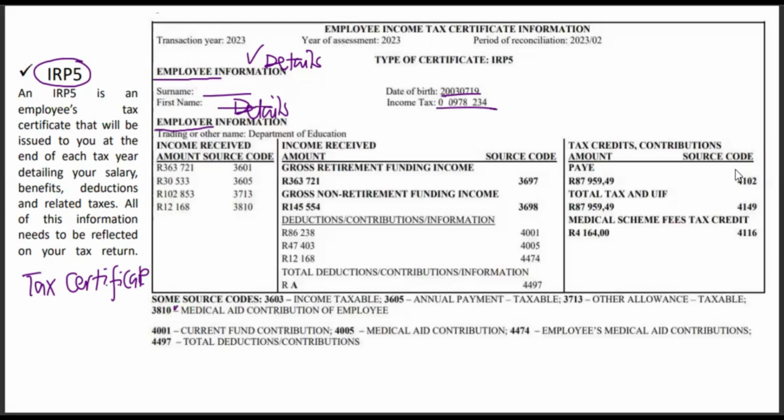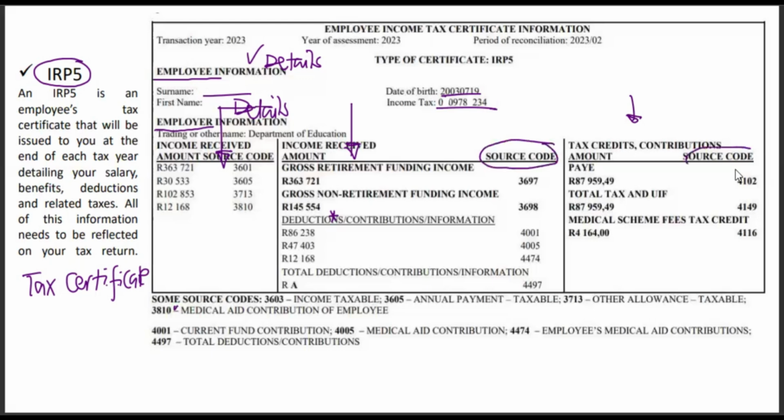So having seen that, we have the income as you see it. This side is income, and this side are deductions. Even here, some of them are deductions. Another thing you have to take note of are the source codes.